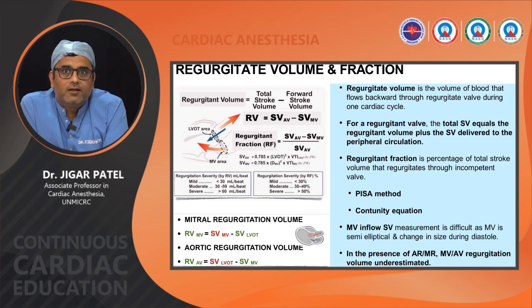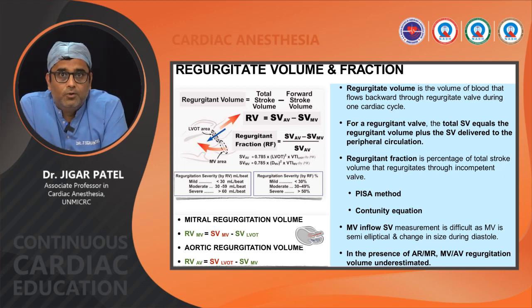The regurgitant valve has a total stroke volume equal to regurgitant volume plus stroke volume delivered to the peripheral circulation. By applying this equation, you can measure regurgitant volume, and on getting this regurgitant volume, you can get regurgitant fraction. It is the percentage of total stroke volume that regurgitates through the incompetent valve.